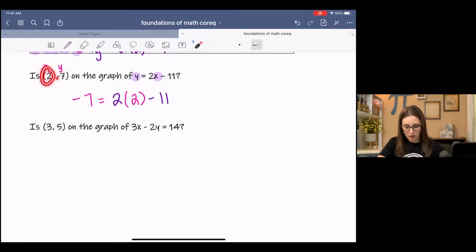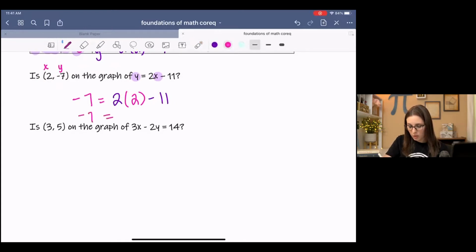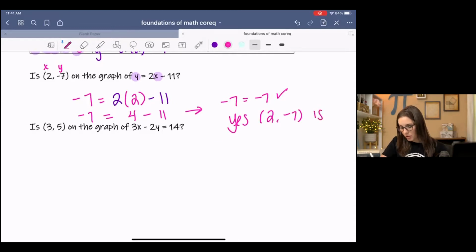I took that value and I plugged it in for x. And now I have -7 equals 4 minus 11, which is true. So yes, 2, -7 is on the line y equals 2x minus 11.